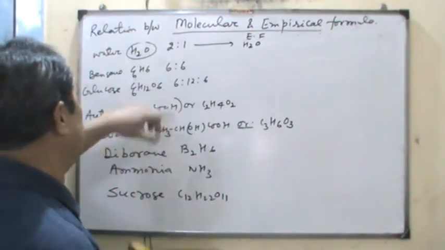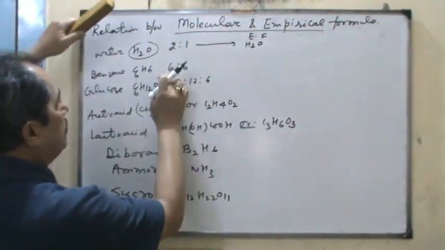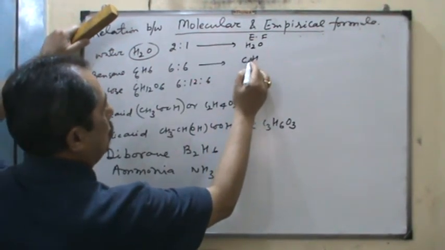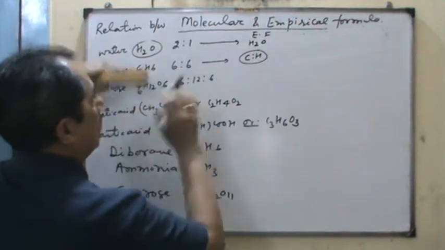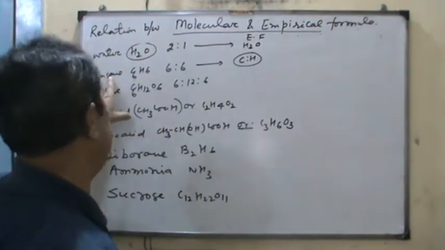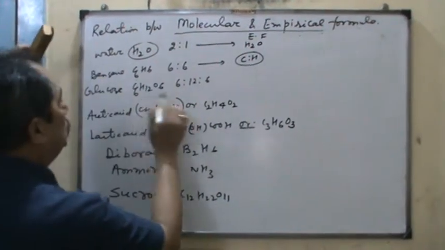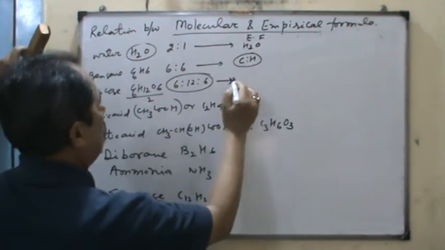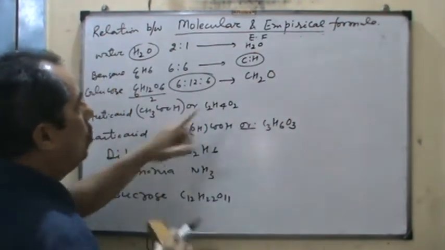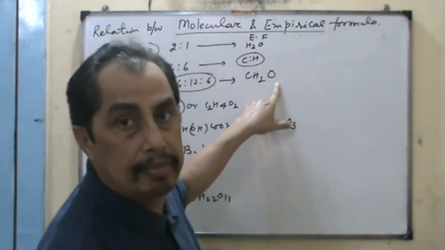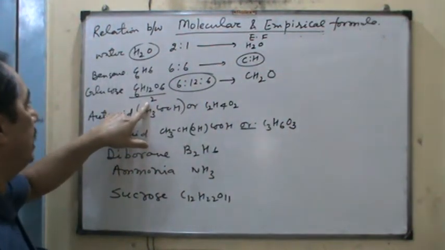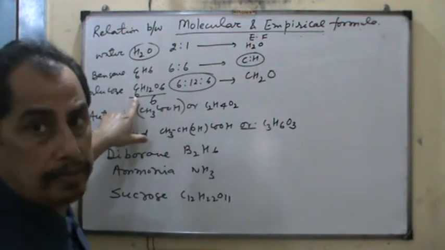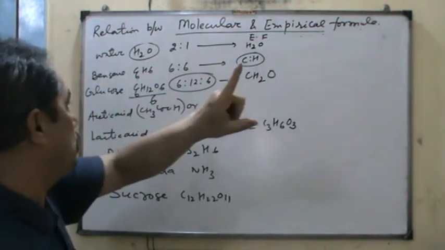But here in case of the benzene, if I divide by 6, then it is the ratio C to H, that is, CH is the empirical formula of what? Benzene. And in the glucose, if I divide it by 2, then its formula is now CH2O, 1:2:1, because in the denominator I have taken 6, and 6 cancelled out, then 12 is 2 times and 6 is 1 times.